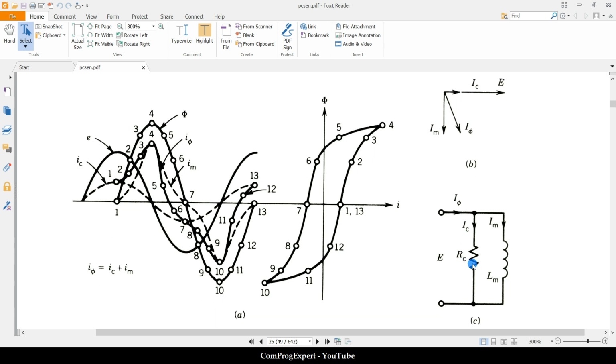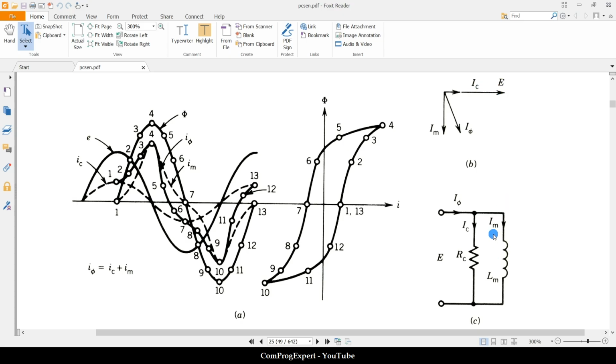As you can see, in this circuit, when we apply E, this voltage, the value of the IC, right, is equal to E divided by RC. And we know that the IC is in the same phase as the input voltage.